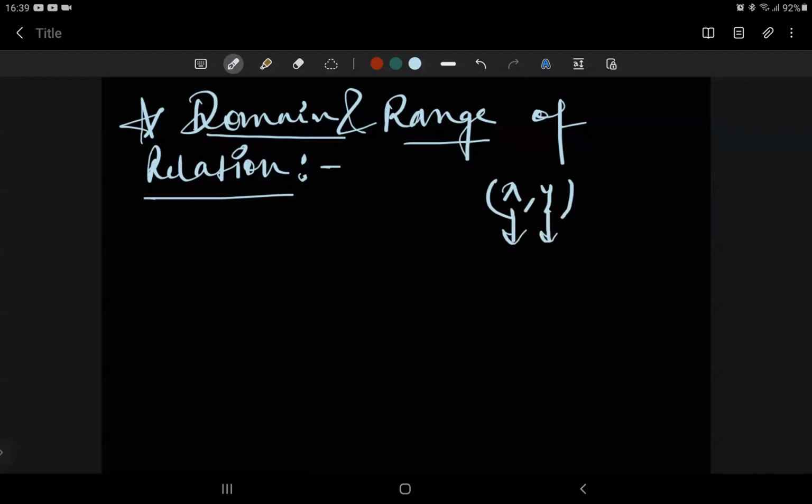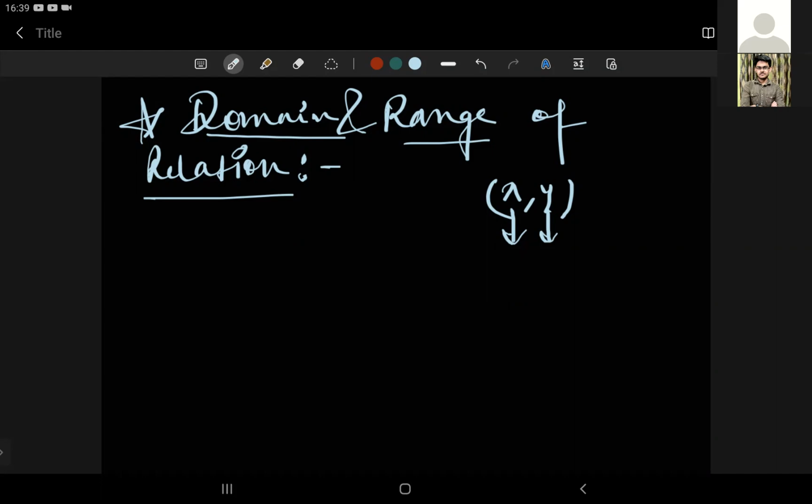So usually we call it a pre-image and image, right? So the set of all the pre-images will be the domain, and the set of all images in the relation will be the range. Let's say x comma y is any of the elements in that relation.